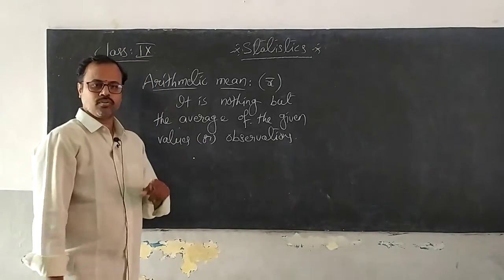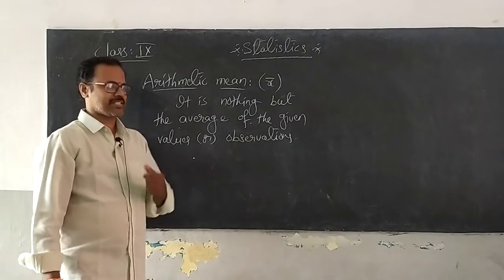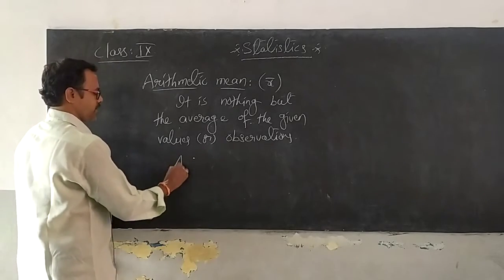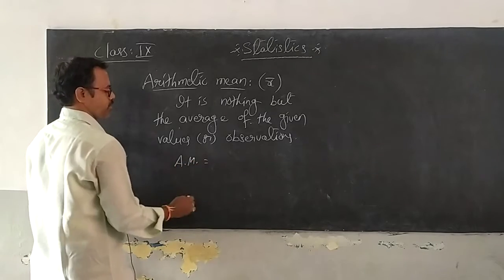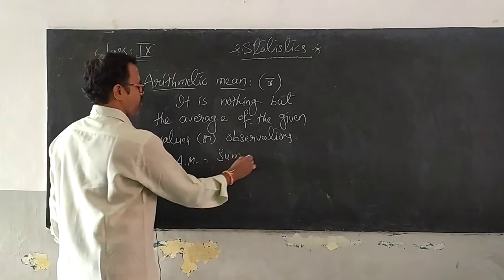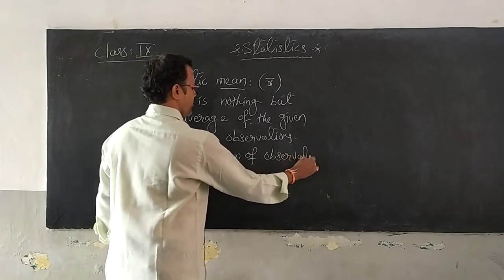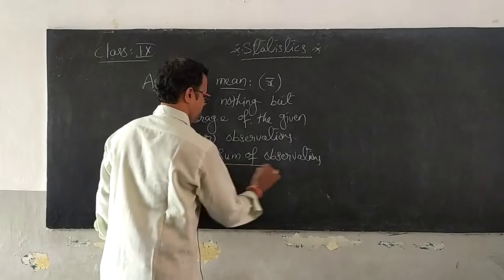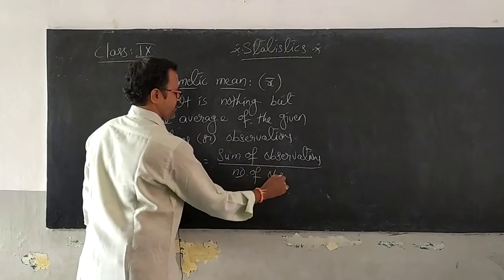Of course, you know, it's very good. Come on, tell me what is the formula for average? Yes, absolutely right, Nana. We take the formula same. Here, the arithmetic mean is equal to sum of observations by number of observations.